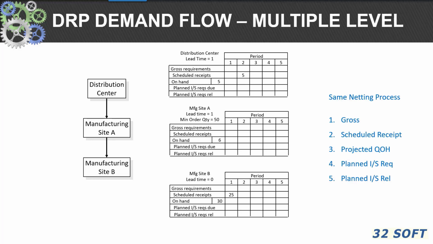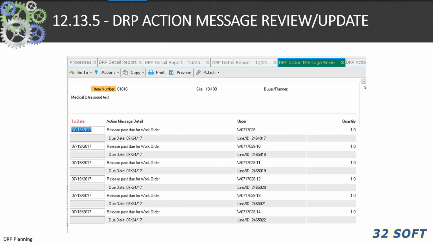If you do it in a multi-level environment, it's the same sort of netting process, gross to net, offset, net, gross to net, 50 down, period 3, net to our process of planned Intersite requests and Intersite releases.